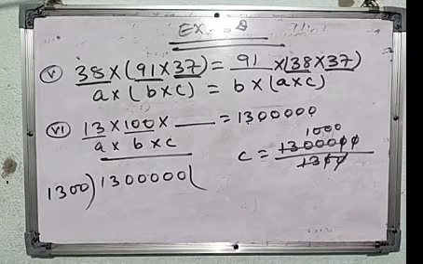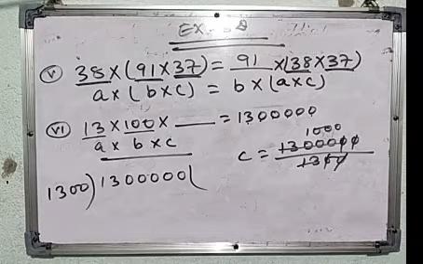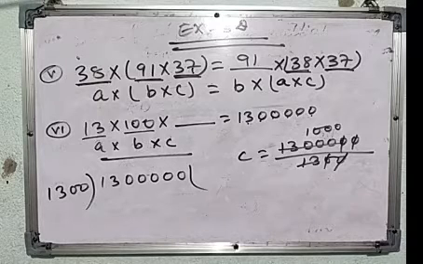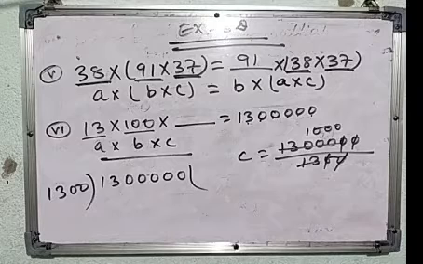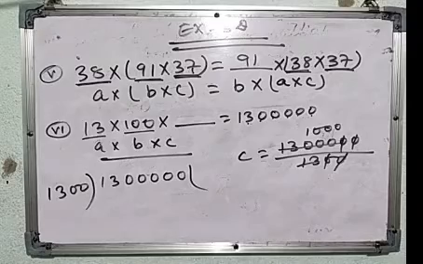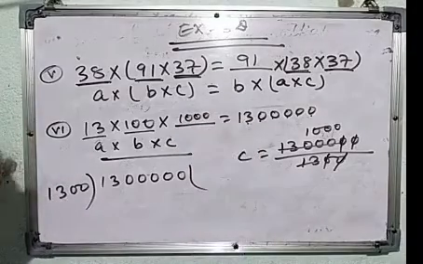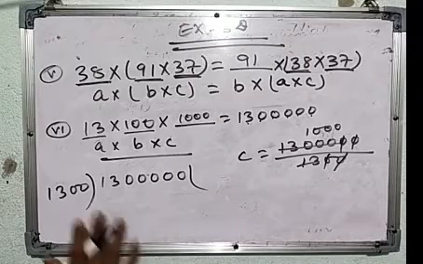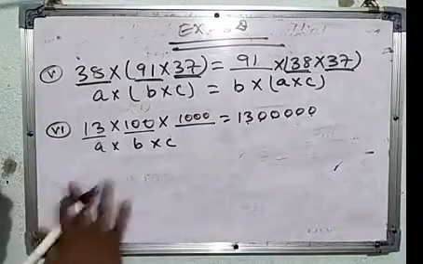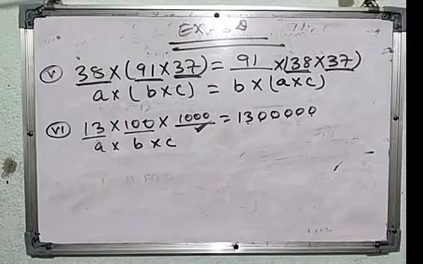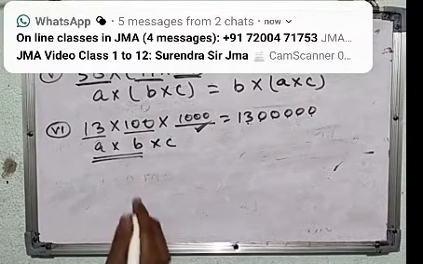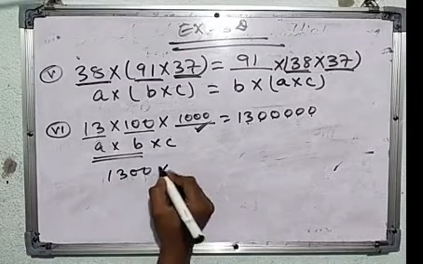What will you write? 1000. If we put 1000 at the place of C, then it will come to 13 lakh. So here you write 1000. Why you write 1000? First you find the product of A into B, we get 1300 into what?